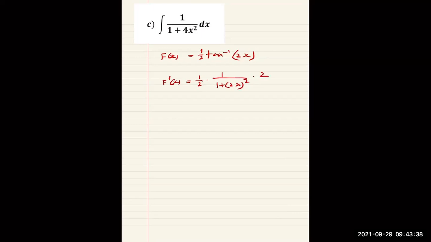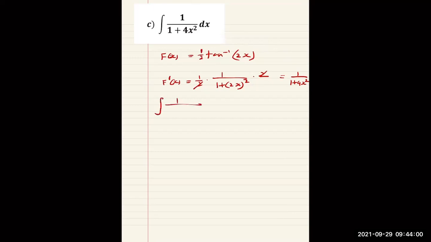Now, this 2 and 2 will be cancelled. Your answer is going to be exactly 1 over 1 plus 4x squared. That's what you wanted. You found the function whose derivative is this function. That means this is an antiderivative of your given function. Now the indefinite integral is immediate.